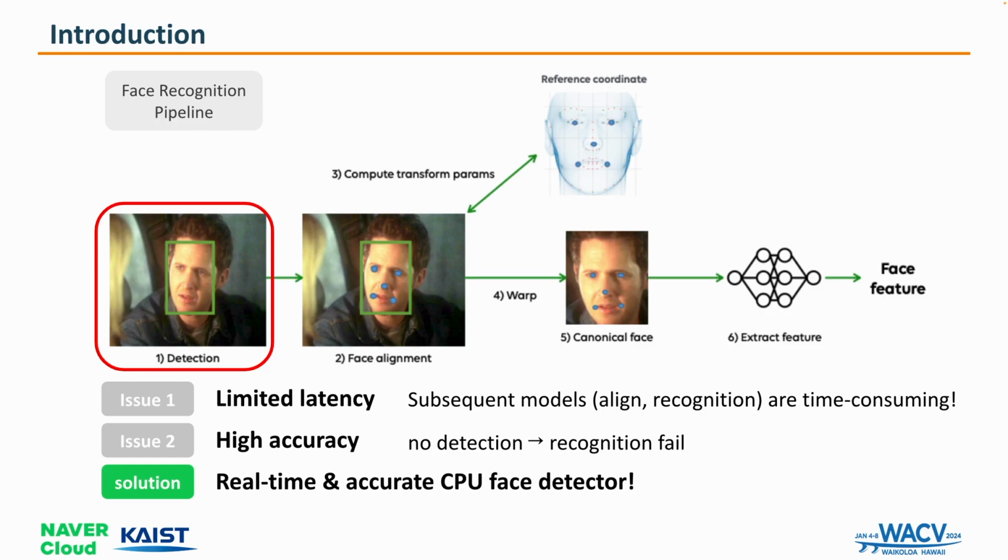Since the subsequent models from face alignment and recognition are time-consuming, the face detector should be executed within a short period of time. Also, the face detector should be accurate, since when the detector fails to detect a face, the overall recognition fails. Therefore, in this work, we aim to develop a real-time CPU face detector while achieving high detection accuracy.